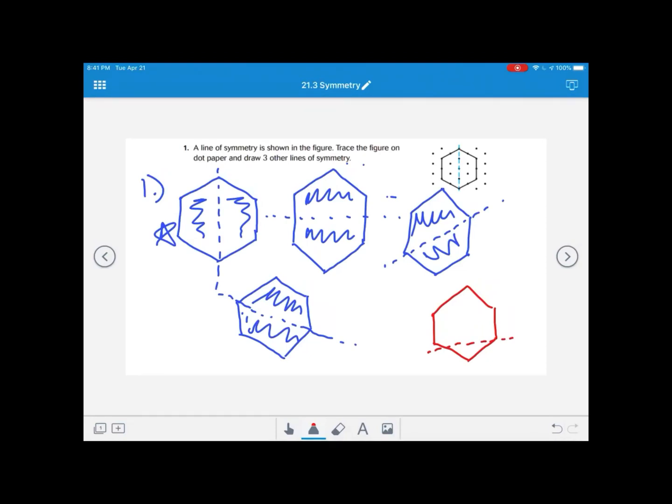And with symmetry, we want things to be even and equal. So you're going to want to make sure that wherever your line is, that you come at it across the middle of the figure, whether it's going across or up and down or diagonal. You want to make sure whichever way you do it, that you're doing it evenly, splitting the figure in half.